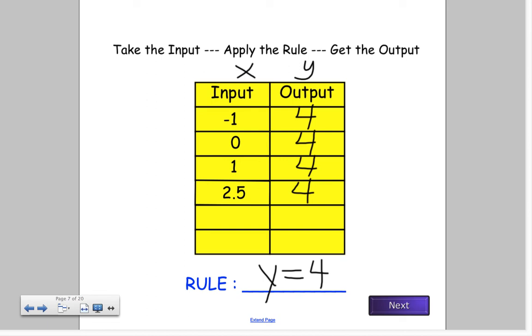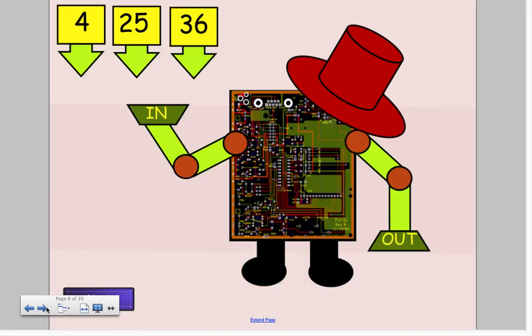All right, the next one. Okay, we have 3 inputs. You have 4, but if you notice, I'm going to show you 2 things. Now we're going to put 4 in, and look what comes out. 2 and negative 2.